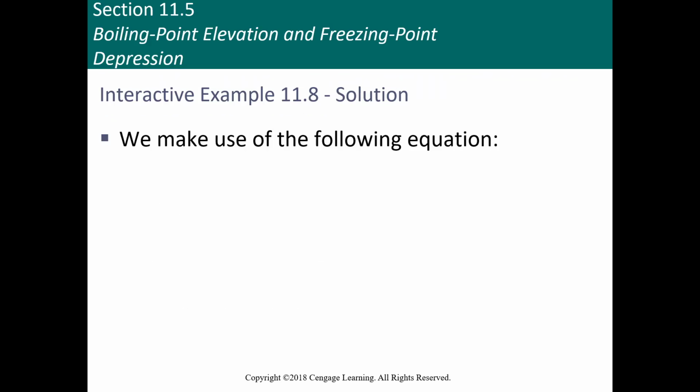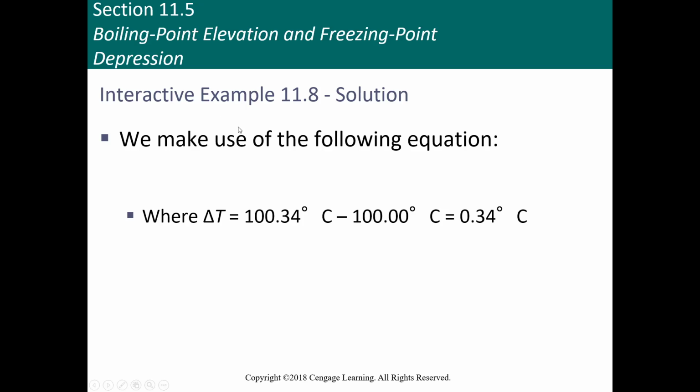And so we first need to get our change in temperature, that boiling point elevation. So what's the boiling point of water? Well, it's 100 degrees Celsius. And so we subtract off 100 degrees Celsius from this 100.34. And that gives us our elevation, which is 0.34 degrees. Notice that if you get a negative value out of that, that obviously is not an elevation. And so you should seriously look at your math and go, did I do something wrong?